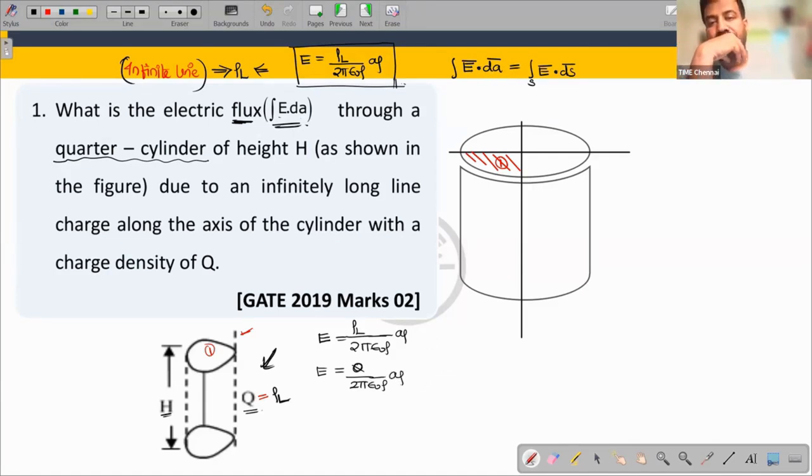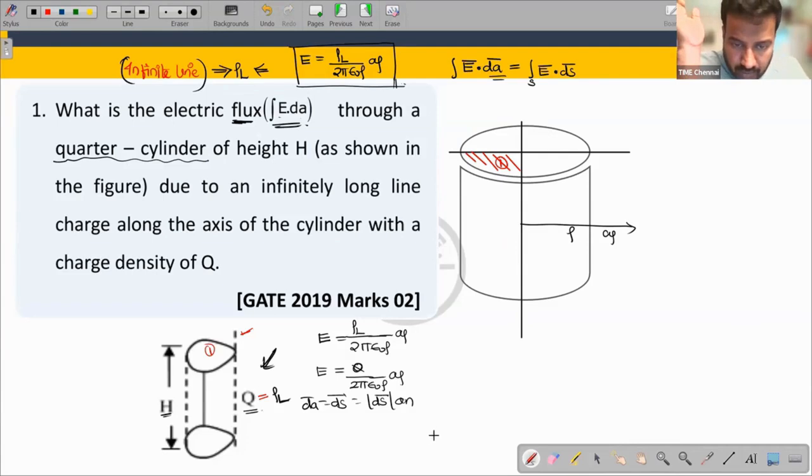That's E for you. Now find dA or dS, which is the mod of dS into a n. The normal to this surface will be along rho, so a n will be a rho.